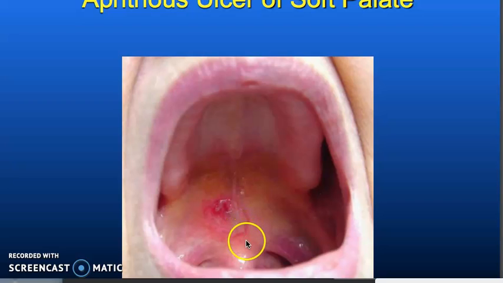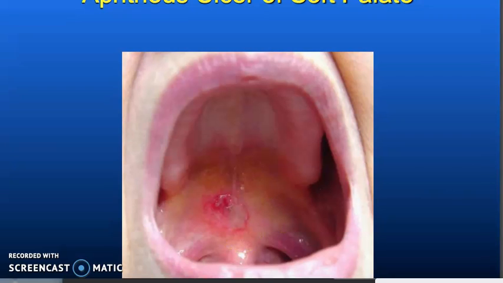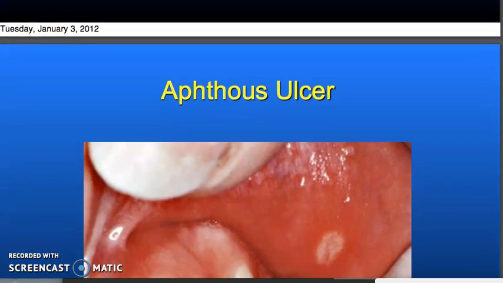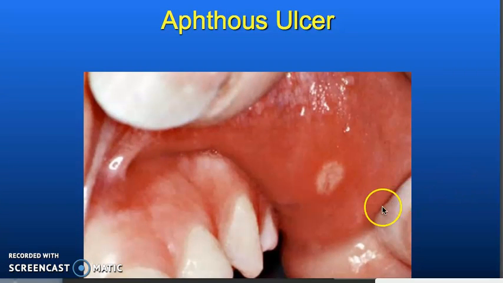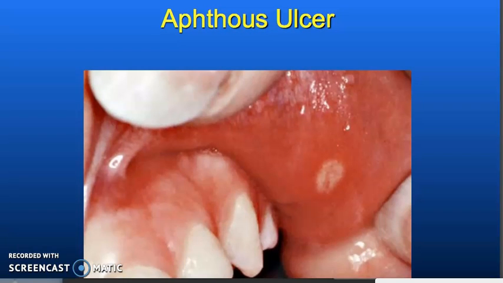Be very careful when you're working in people's mouths because you can actually be the trauma that causes these aphthous ulcers. Here's another one. An aphthous ulcer is on the inside of the lip, right here. They can also be caused when you accidentally bite your lip. Sometimes that can create them.